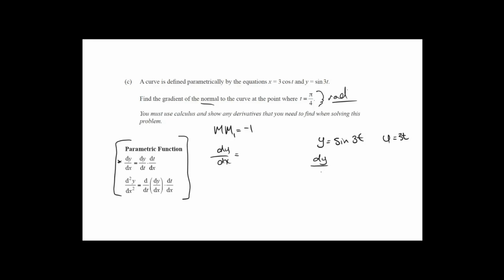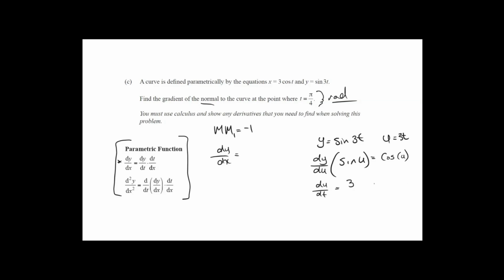So dy with respect to u of sine of u is going to be cos of u, multiplied by du, which is going to be 3.